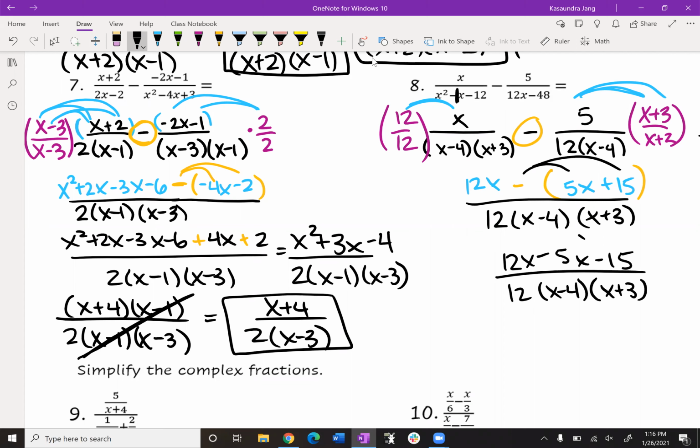I will combine some like terms. Looks like in my numerator, I get a 12x minus 5x, which, let's see, 12 minus 5 is what, 7x? Can I factor my 7x minus 15? Anything I can factor out of that? No, nothing goes into the 7 and the 15 evenly. So that's as good as it's going to get right there.